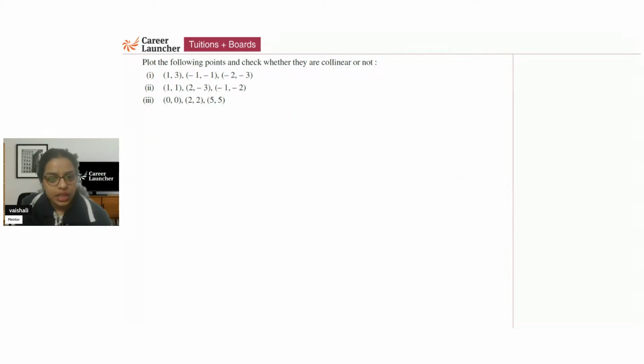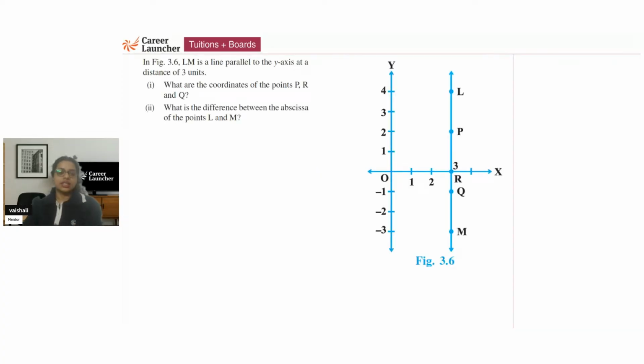Now, the next question is 30. There is a figure 3.6 which says that LM is parallel to y-axis, which we can see absolutely, and the distance between the two is 3 units. So आप देख सकते हैं that the gap between the two is 3 units. What are the coordinates of the point P?